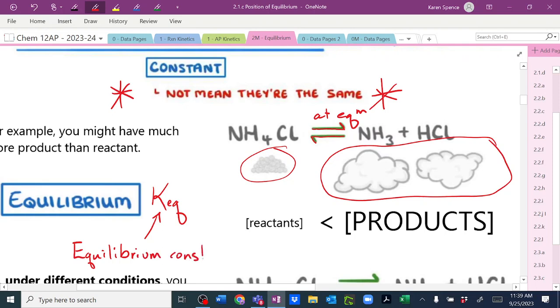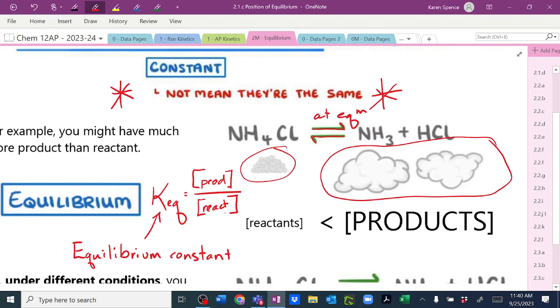We're going to find out that that value is equal to the concentration of the products divided by the concentration of the reactants. So that's a ratio, yes?